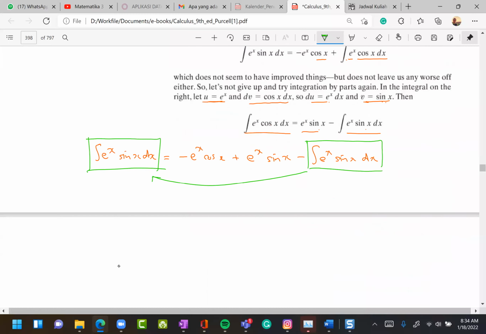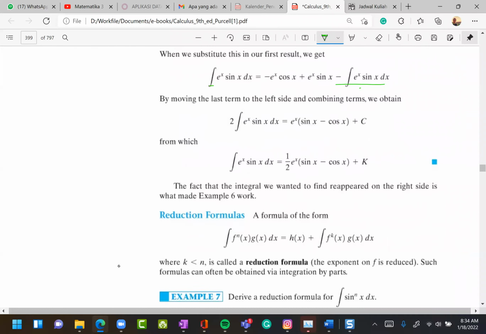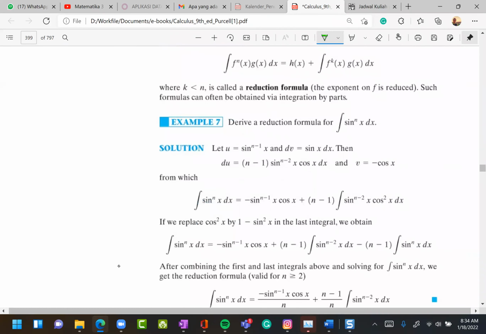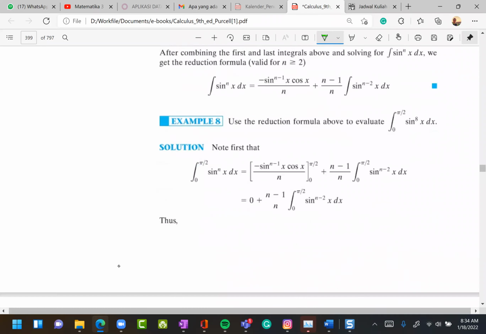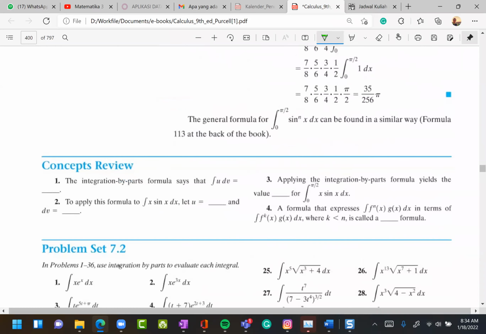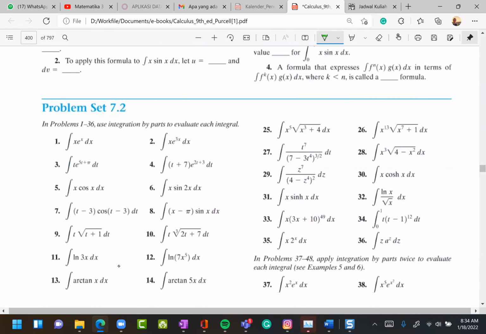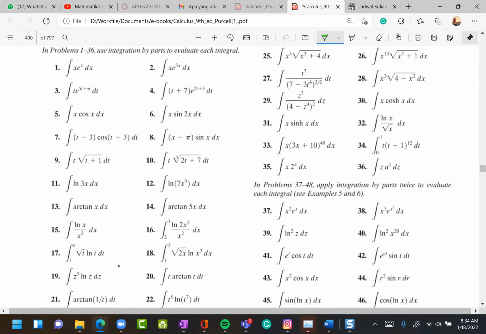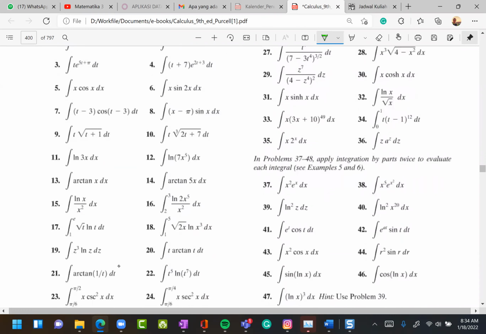Right. So that's about what's called integration by parts. So just examples. You need to do this problem exercise. Okay.